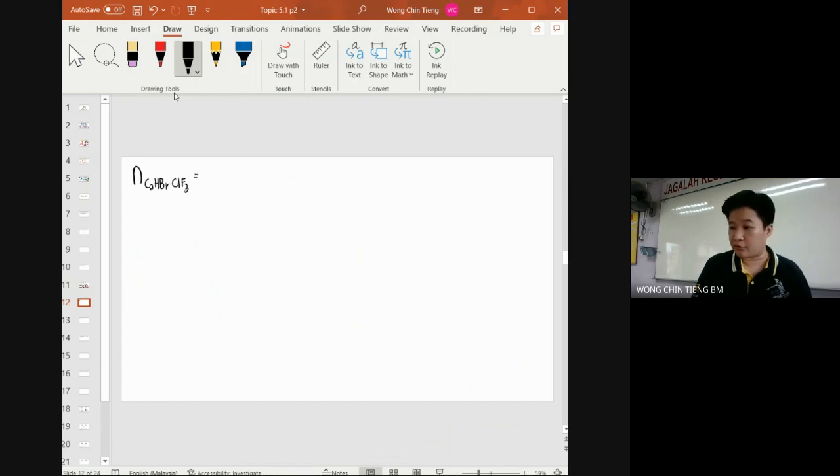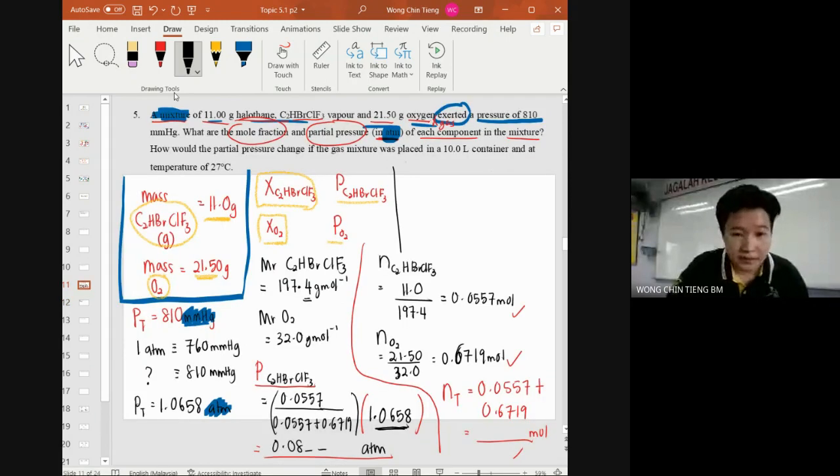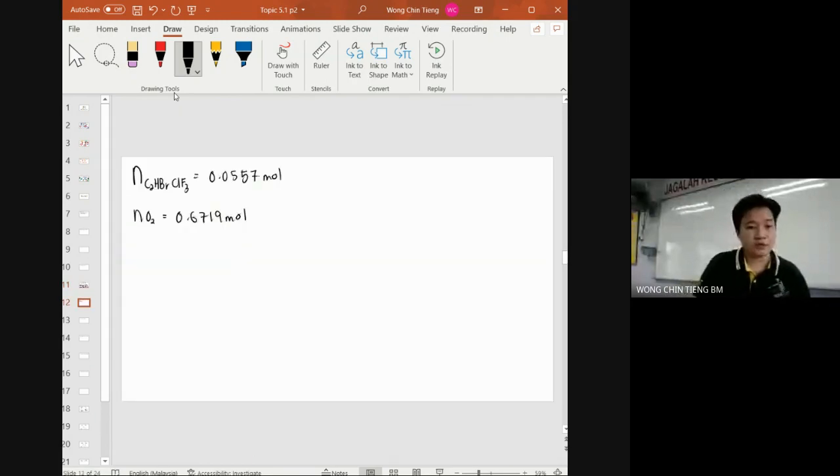The number of moles of your oxygen gas is 0.6719 mole. Then the total number of moles is the moles of C2HBrClF3 plus the moles of O2. So you get the total number of moles.